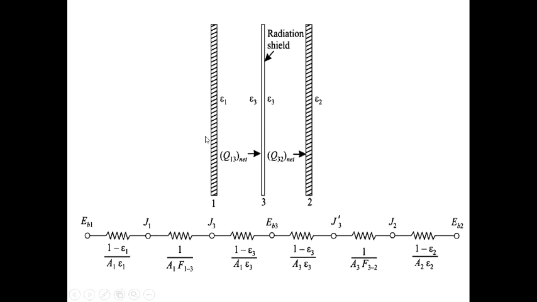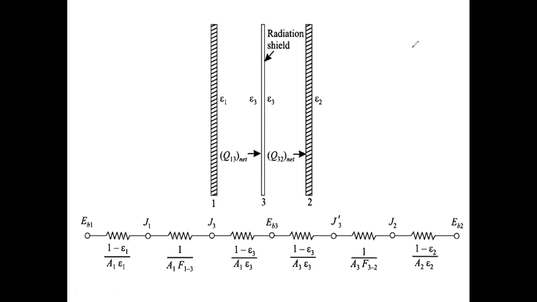First we consider that there is no radiation shield. So what will be the heat transfer Q12? If there is no radiation shield, there is no third body, and we consider A1 equals A2 equals A.